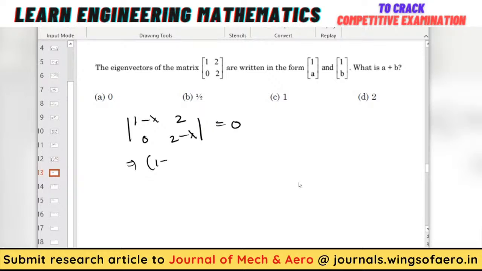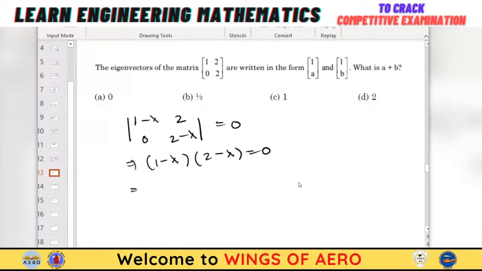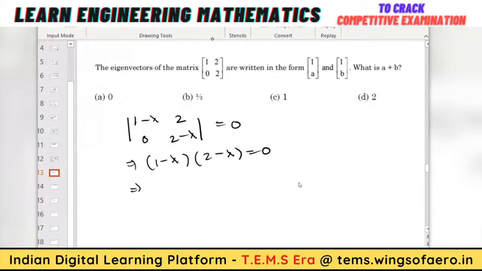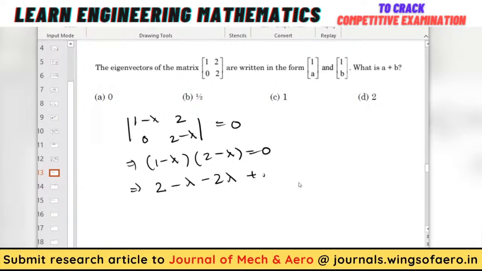This implies (1 minus lambda) into (2 minus lambda) is equal to 0, and this 0 into 0 is obviously 0. So it means 2 minus lambda minus 2 lambda plus lambda square is equal to 0.